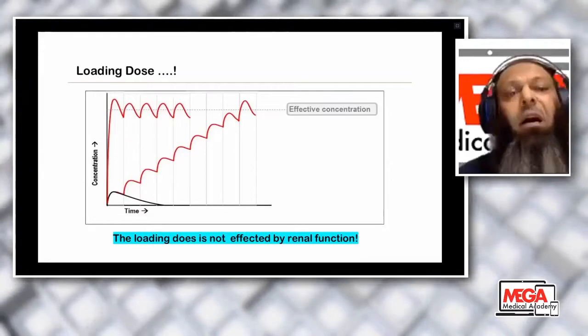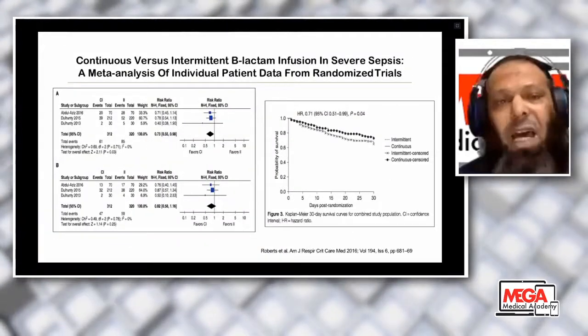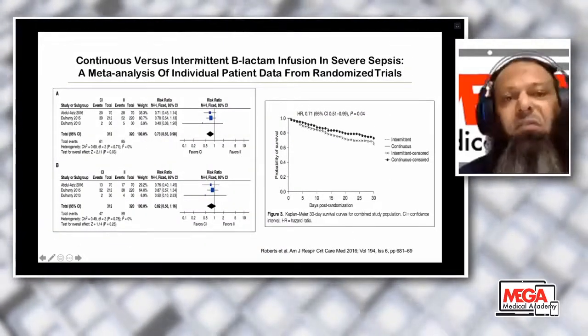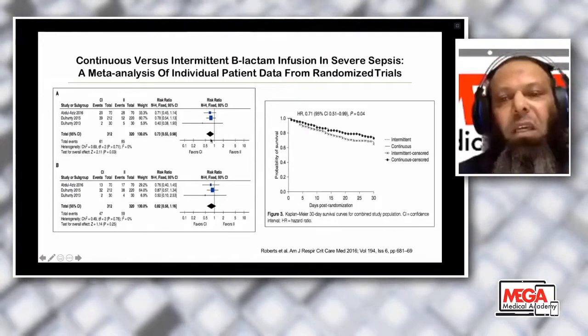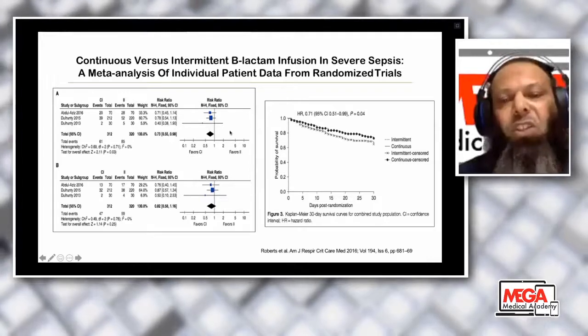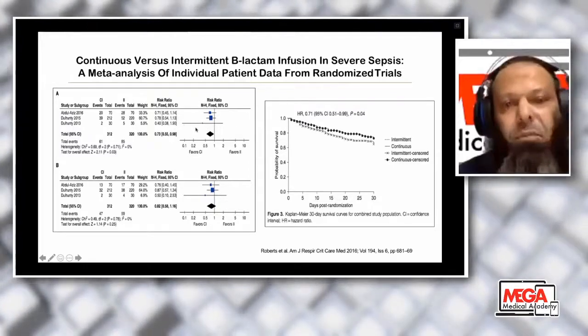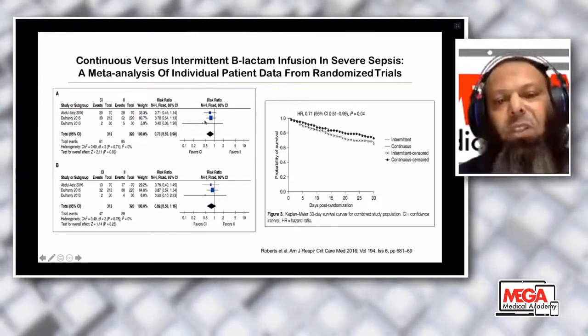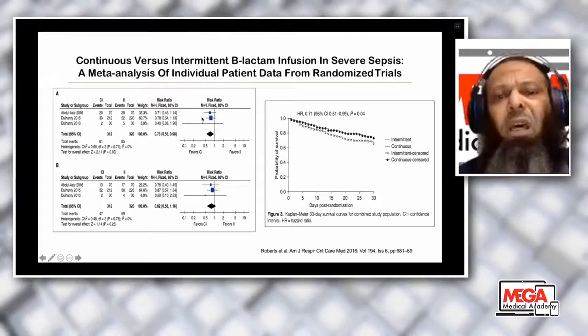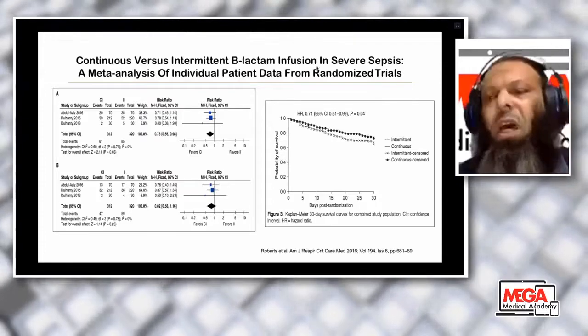This is a nice meta-analysis. It compared the continuous versus the intermittent beta-lactam infusion in severe sepsis. And here it translated into a favorable outcome for both in-hospital and ICU mortality with the continuous infusion.